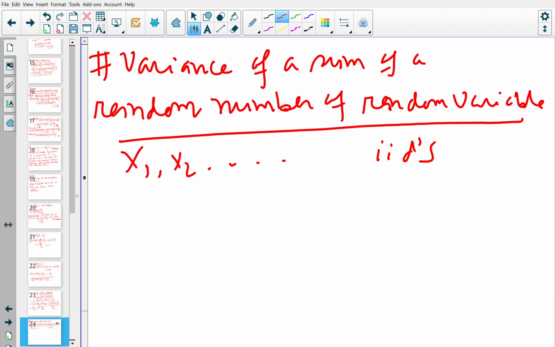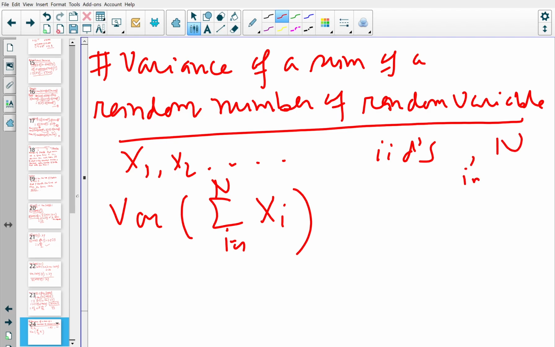We want to compute the variance of the sum of Xi, i equal to 1 to N. Clear? N is another random variable which is also independent of the Xi.